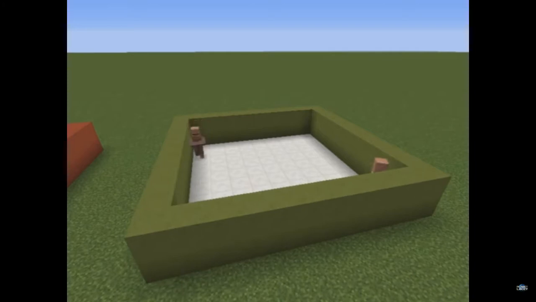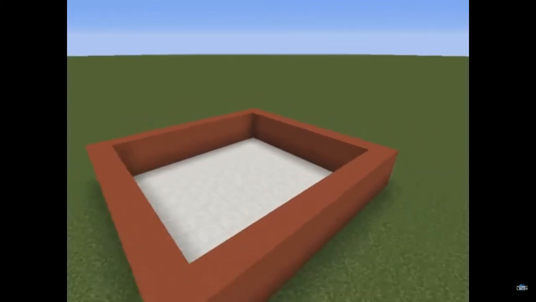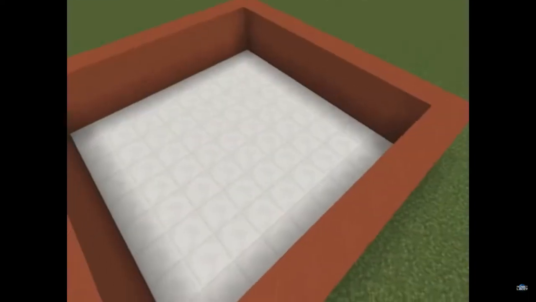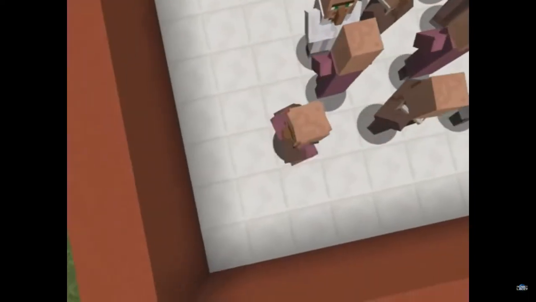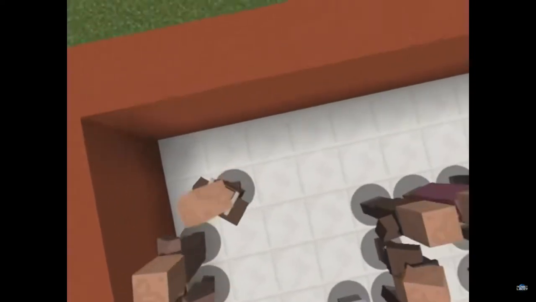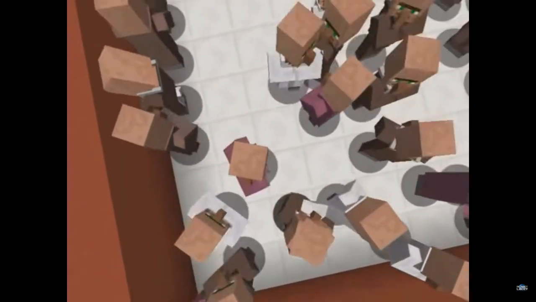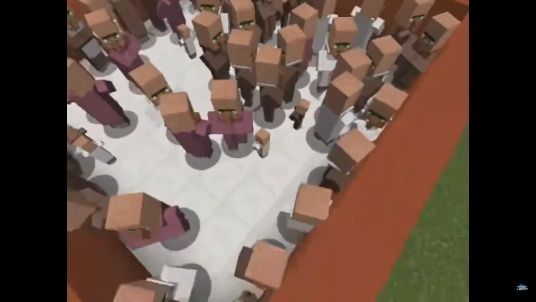Now, let's have a look at the red square instead and start putting some people in that. Now remember, red square is going to be our densely populated area, so there's going to need to be a lot of people compared to green. That's it, lots and lots of villagers. Lovely.